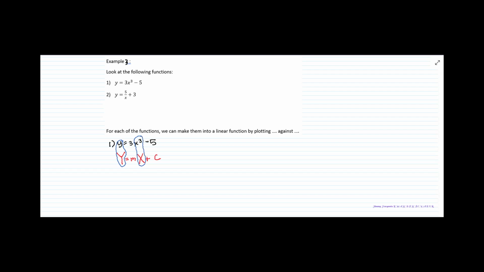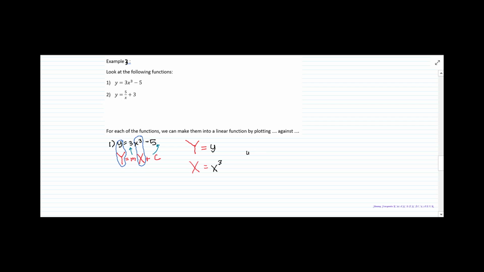I can say the gradient is 3 and the c is negative 5. So if the expression is already similar, you can say big Y will represent y, and the big X will represent x cubed.